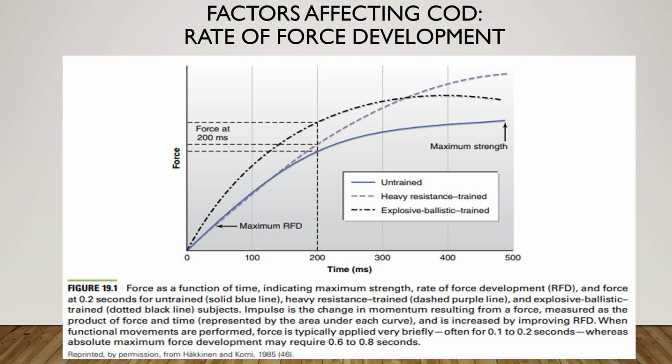If we remember back to the ground contact times we saw when we looked at the braking profiles from different types of turning, then we know that there's a slightly longer ground contact time, around 200 to 300 milliseconds. However, still relatively short, and so our rate of force development is still going to be really important. And if we then have a high rate of force development, that again is going to significantly improve our ability to accelerate out of a turn.